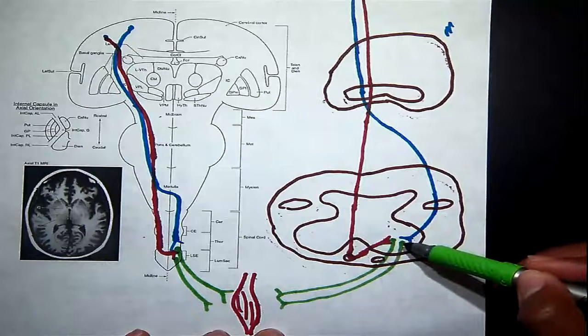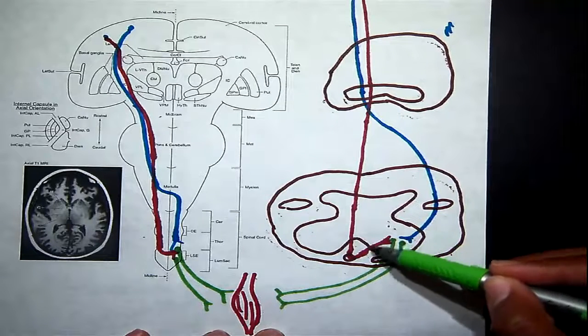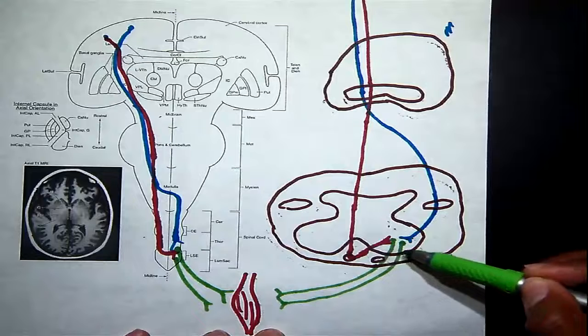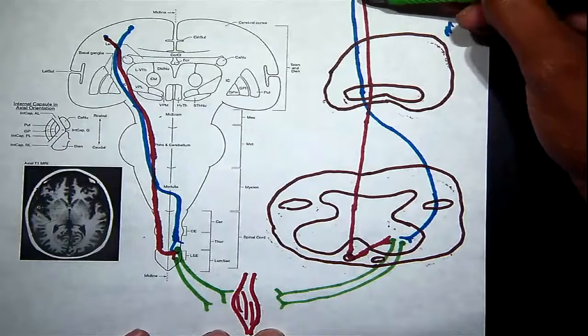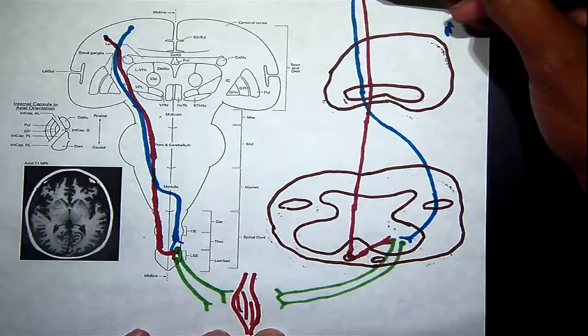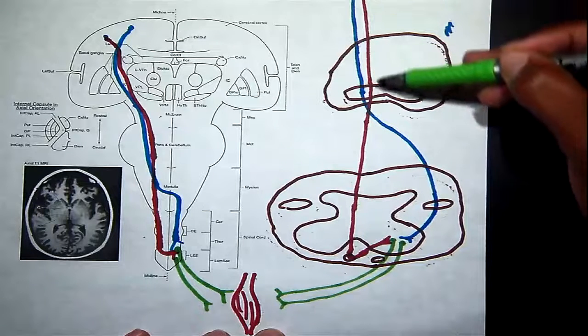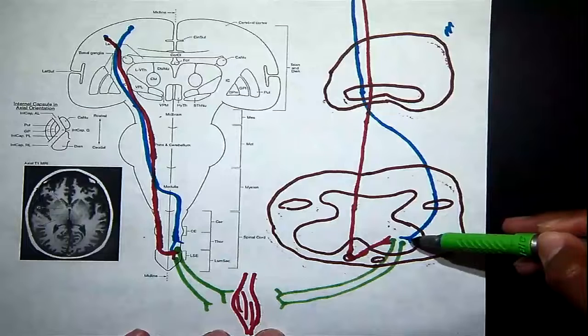Lower motor neurons are found in the anterior horn of the spinal cord. Therefore, that fiber running from the cortex all the way down to that point is an upper motor neuron. Upper motor neuron loss causes what type of weakness?